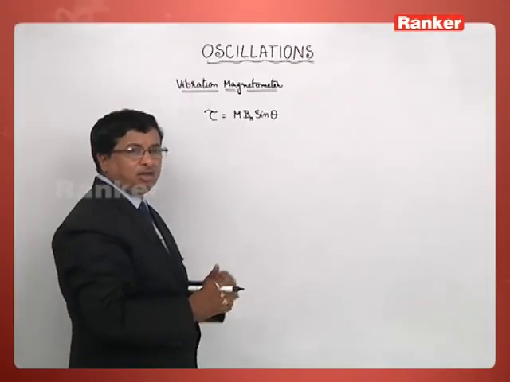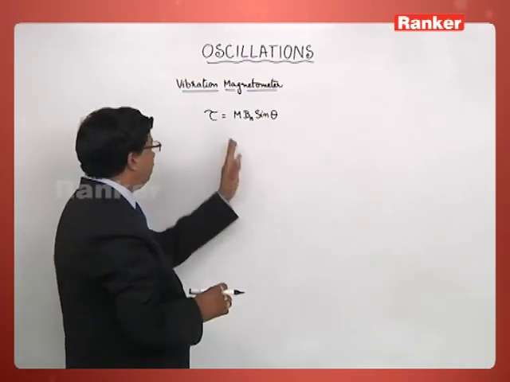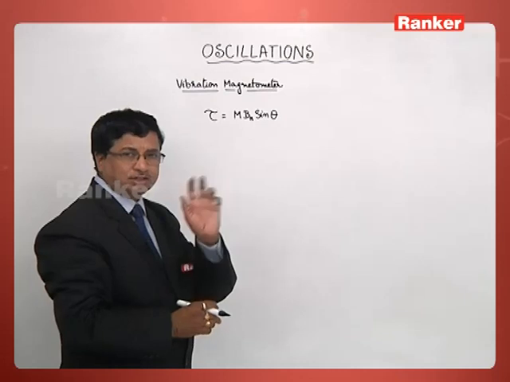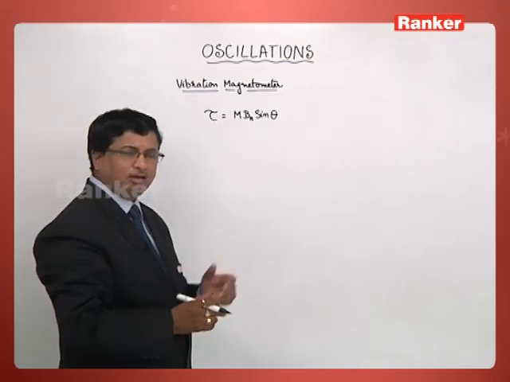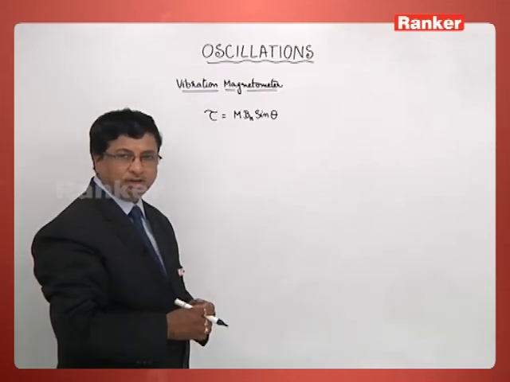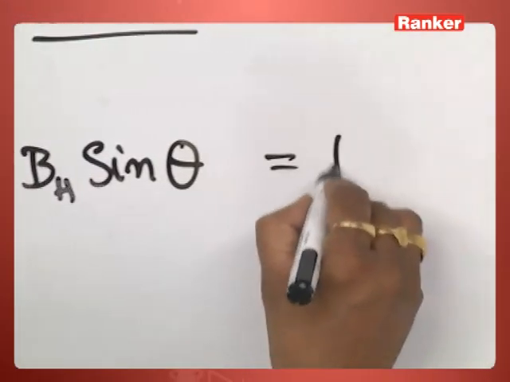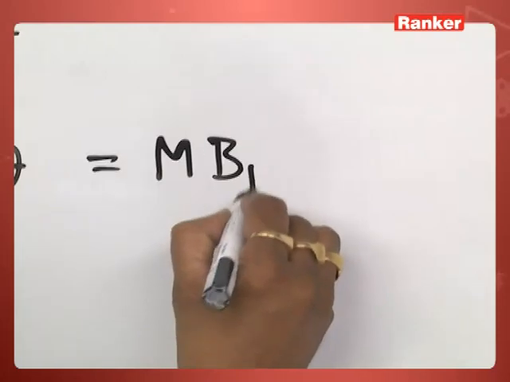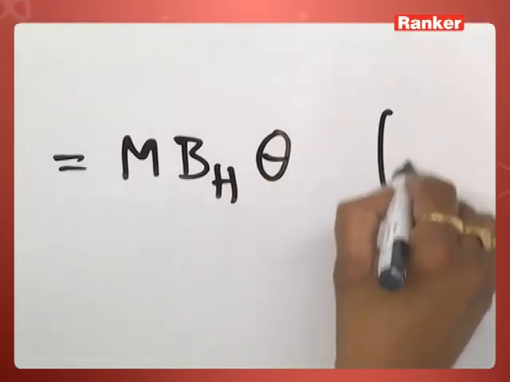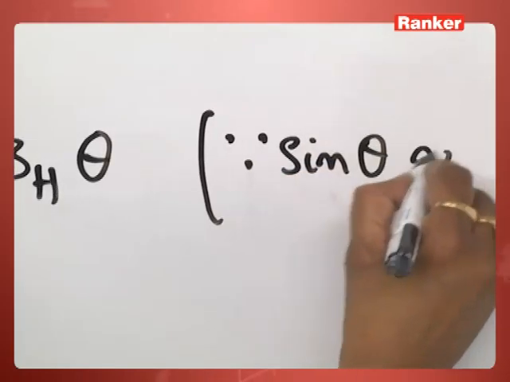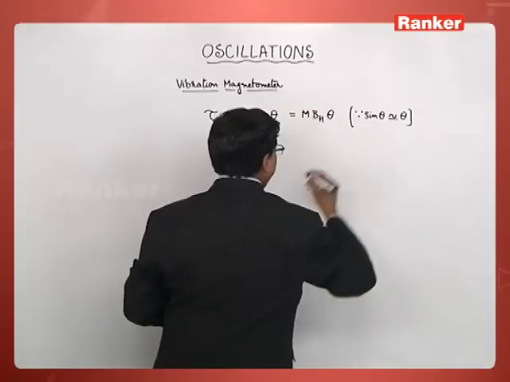BH is the horizontal component of Earth's magnetic field, M is the magnetic moment, and theta is the angle of oscillation, the angular displacement. But when theta is very small, this can be written as MBH into theta, since sin theta is very close to theta when theta is small.